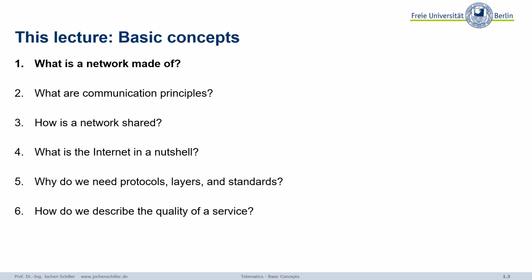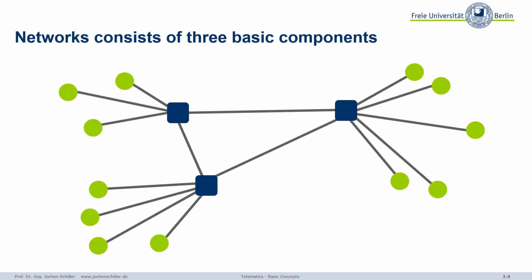Well, okay, let's try to keep it very simple. So these are our main components. Okay, so what is this? Basically, we have certain nodes communicating. These are our green circles, our nodes here, and they want to communicate. Sometimes we call them end systems, sometimes we call them hosts.